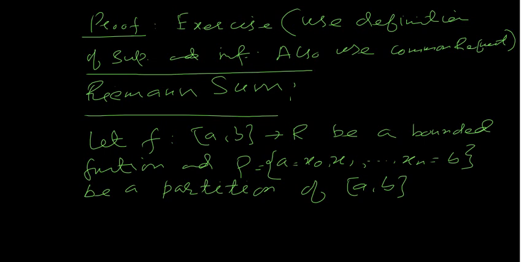Now we take a collection of points. We choose a point t1 in the interval x0 to x1, and we choose a point t2 in the interval x1 to x2.